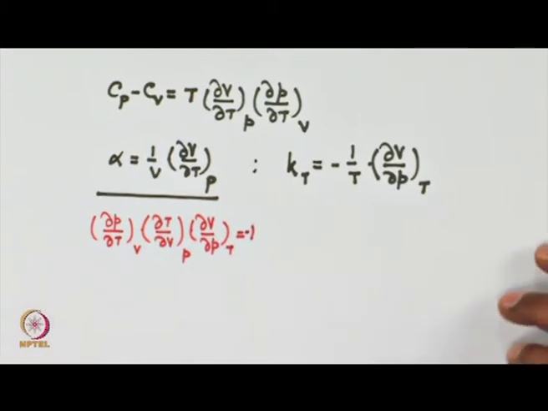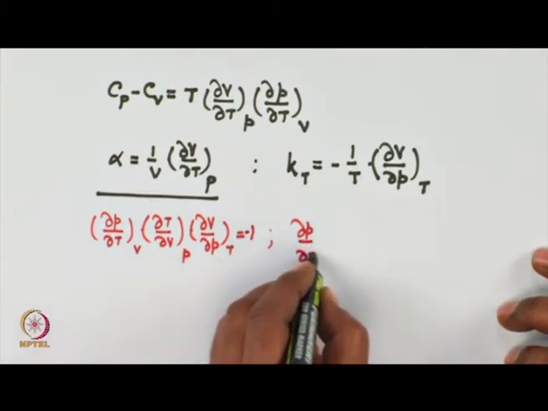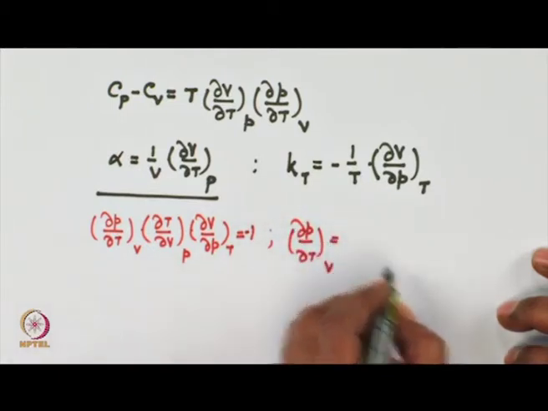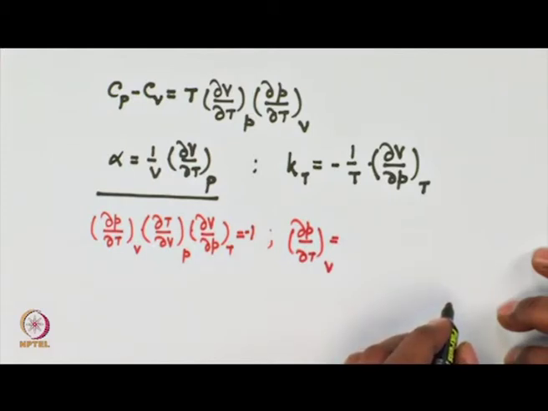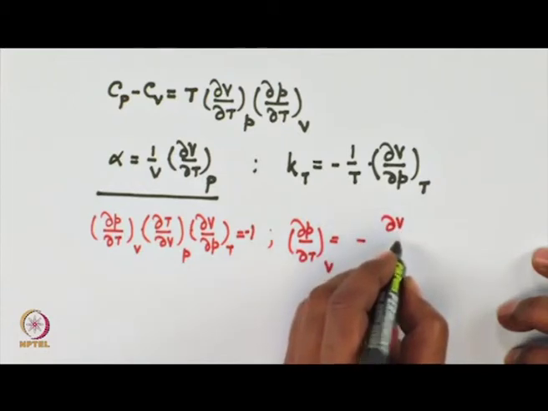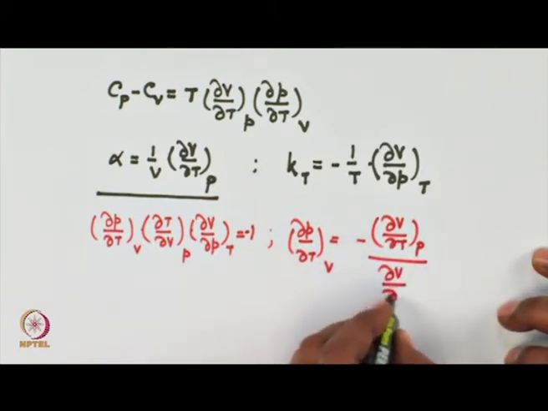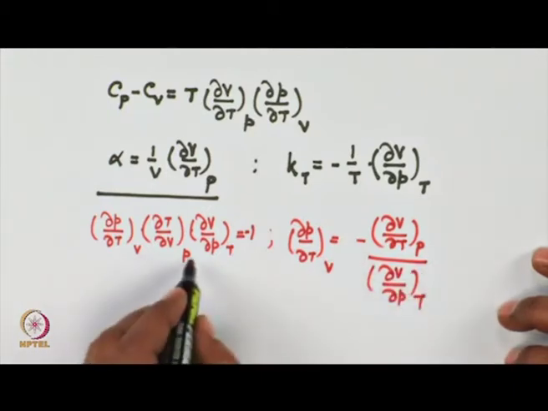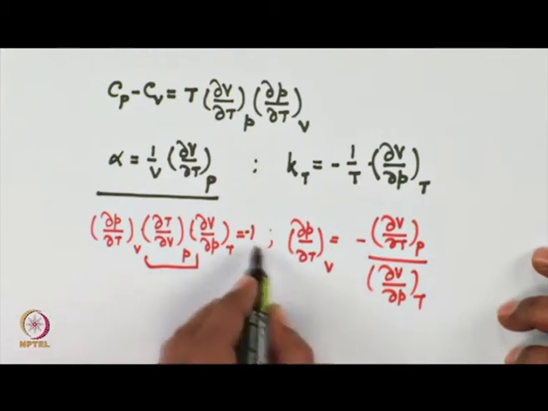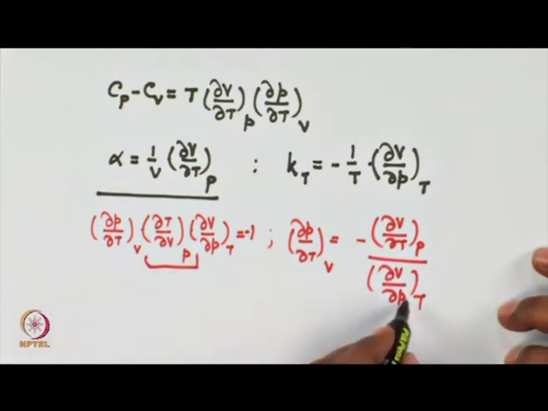This will allow me to write the variation of pressure with respect to temperature at constant volume as minus the variation of volume with respect to temperature at constant pressure divided by the variation of volume with respect to pressure at constant temperature. You see, when I take the other term to the other side, I am using the inverse relation, and this I am taking directly in the denominator.